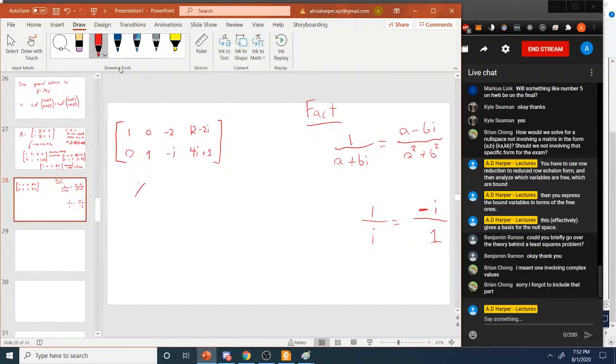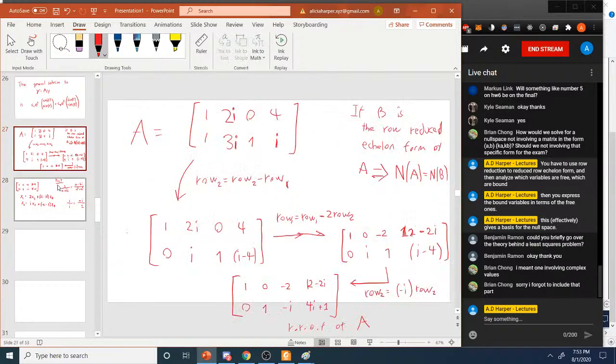So this tells me that x1 is going to be equal to 2 times x3, plus 2i minus 12 times x4. And it also tells me that x2 is going to be equal to i times x3 plus negative 4i minus 1 times x4.